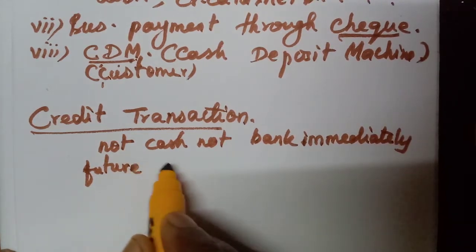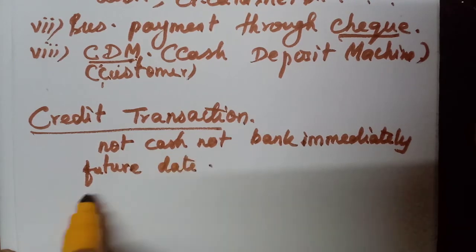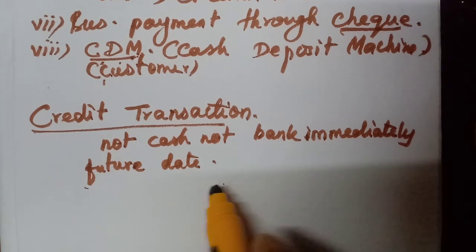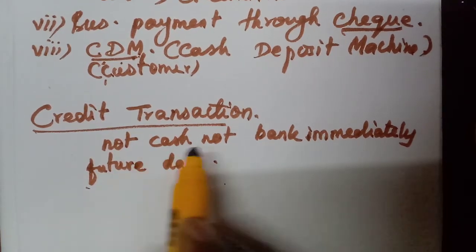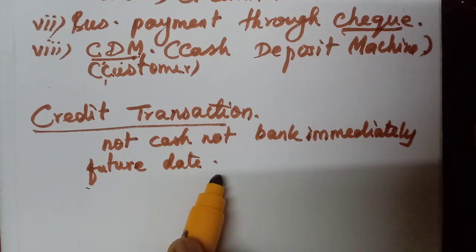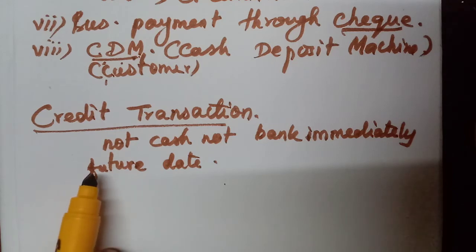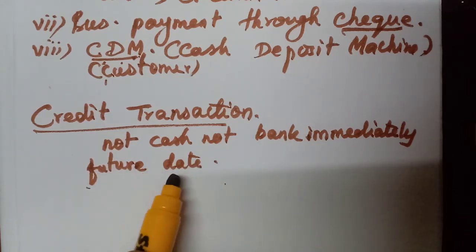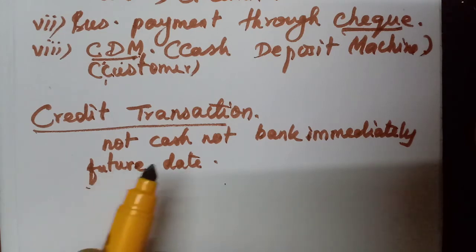Either by cash or check or any other way they will pay, but the settlement is not done immediately. Understood? That is called a credit transaction. When settlement is not made by cash or through the bank immediately, it is called a credit transaction.